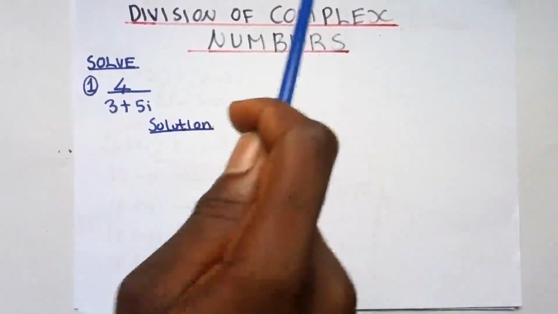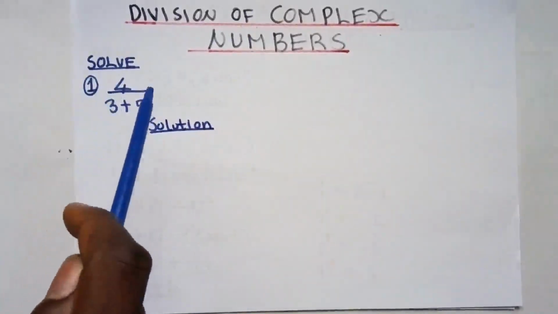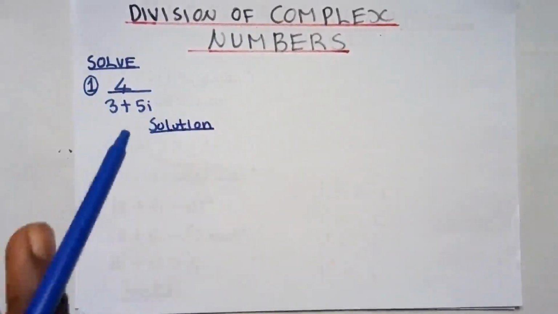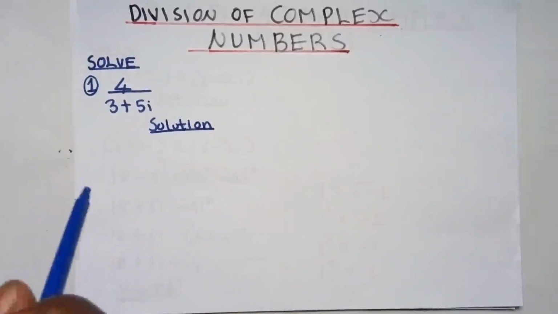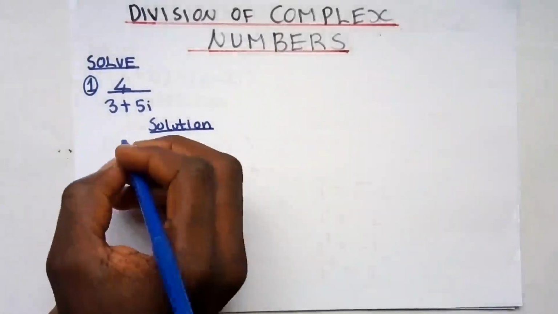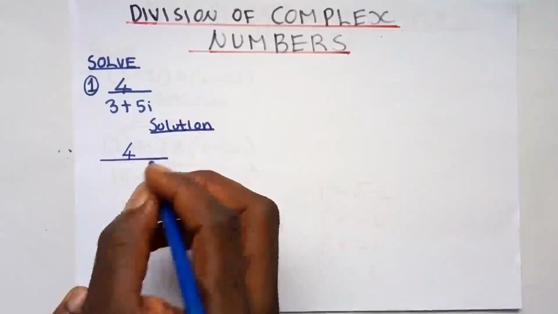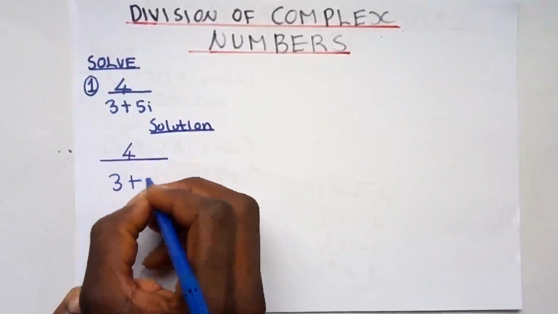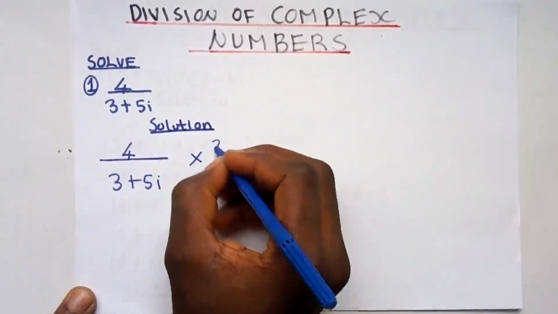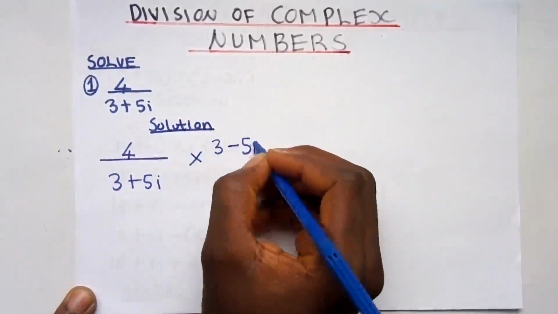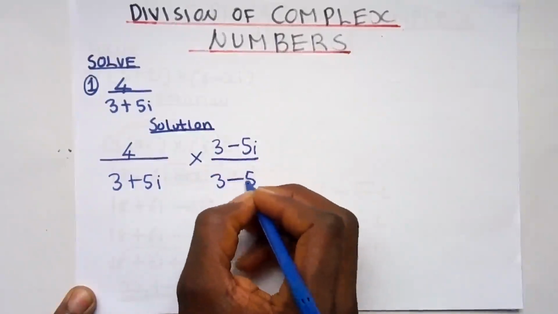Division of complex numbers. Solve 4 over 3 plus 5i. We divide complex numbers by rationalizing the denominator. This is the way we divide complex numbers. 4 over 3 plus 5i multiplied by 3 minus 5i all over 3 minus 5i.